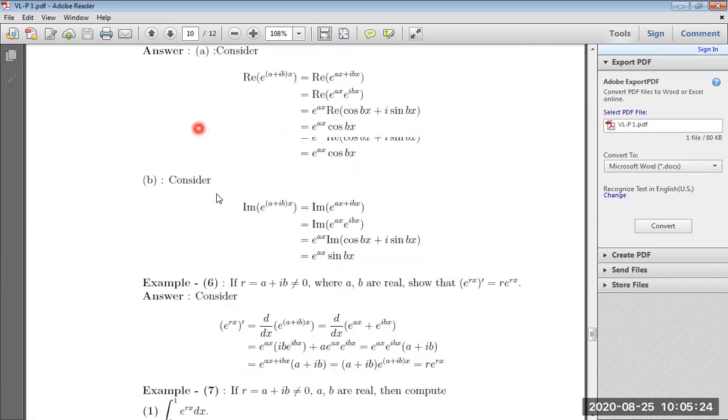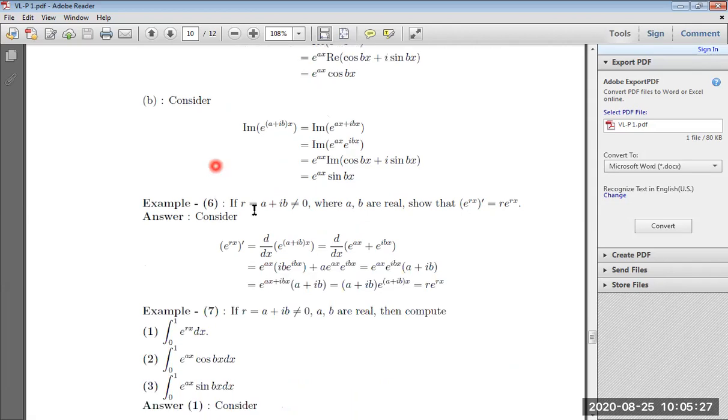Now, it is used to find the derivative. If we have a non-zero complex number r, where a and b are real, then you have to show that the derivative of e to the power rx is equal to r into e to the power rx. Here r is a complex number, remember.